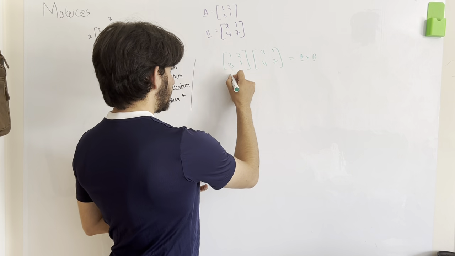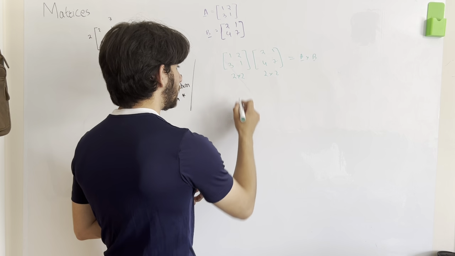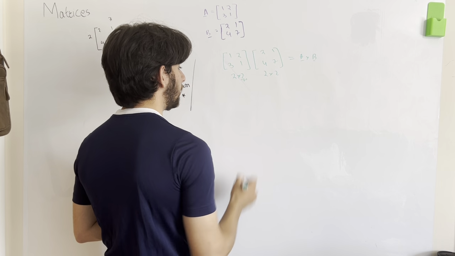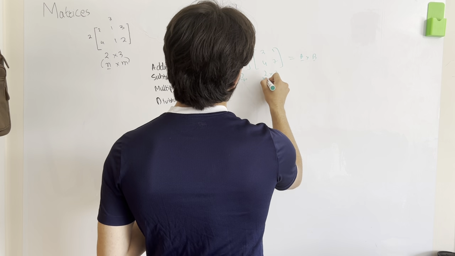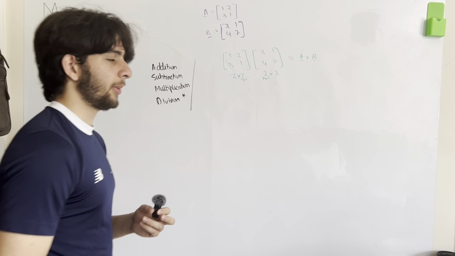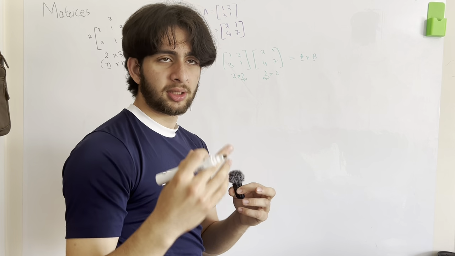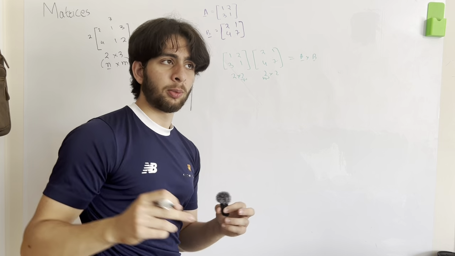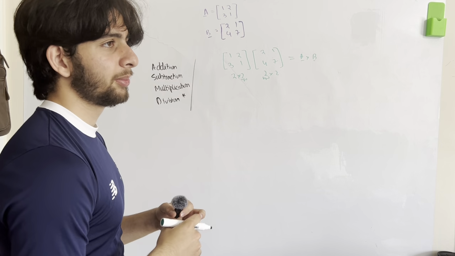What you have to consider is this is a 2 times 2 matrix and this is a 2 times 2 matrix. You have to look at the number of columns in the first matrix that you're going to multiply and the number of rows in the second matrix that you're multiplying, okay? And if the number of columns in matrix A, the first matrix, is equal to the number of rows in the second matrix, then you can multiply them together.